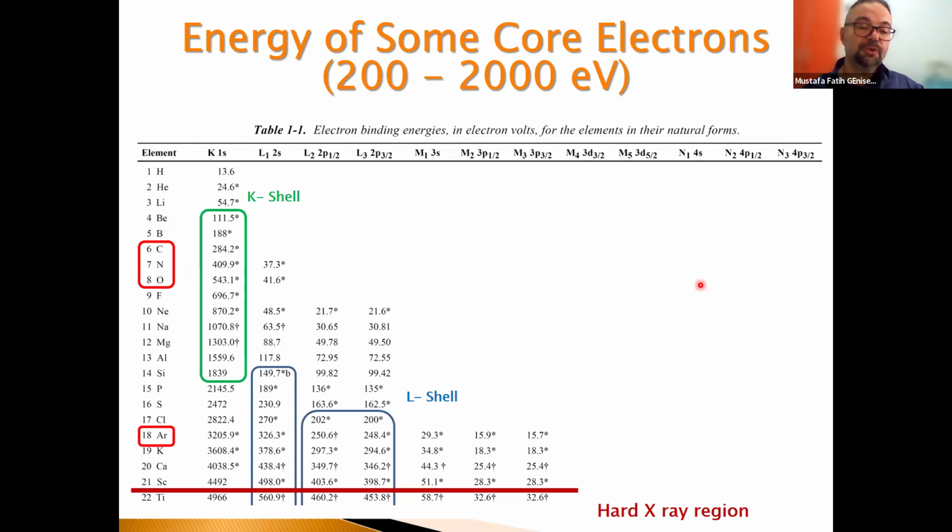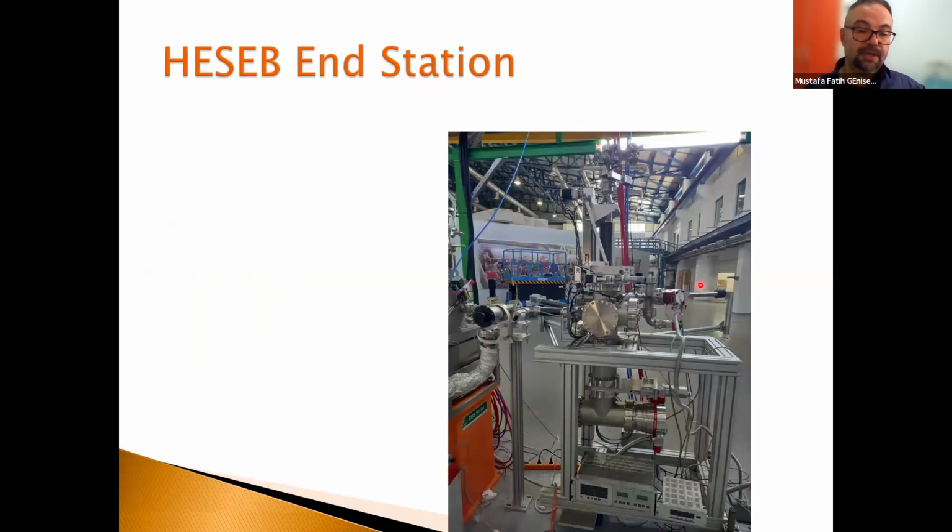They are also components of air, so it is sensitive to air and requires vacuum. For example, in hard X-ray you don't need a vacuum, since air will not absorb that much, but the number of photons will decrease dramatically if we make the measurements in air. So we need an ultra-high vacuum environment.